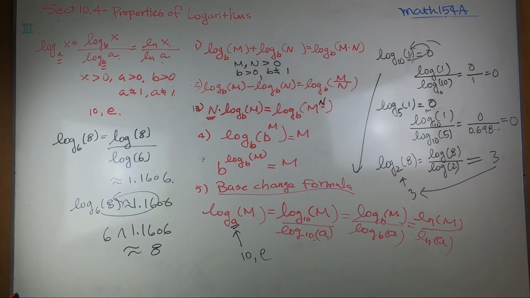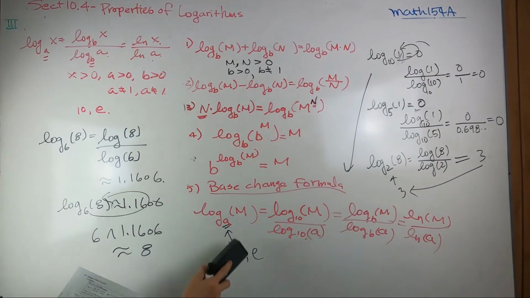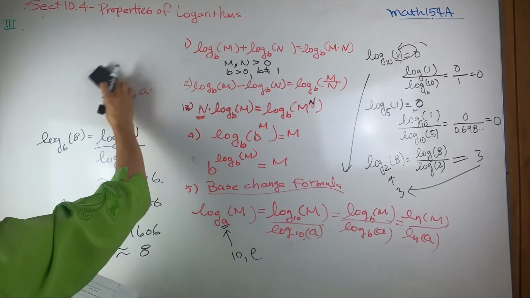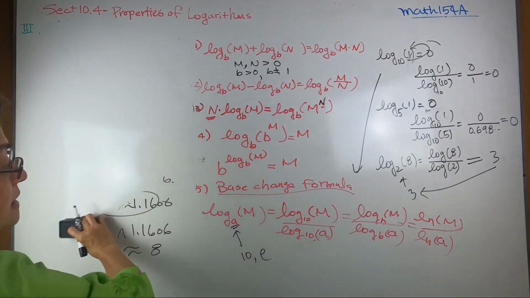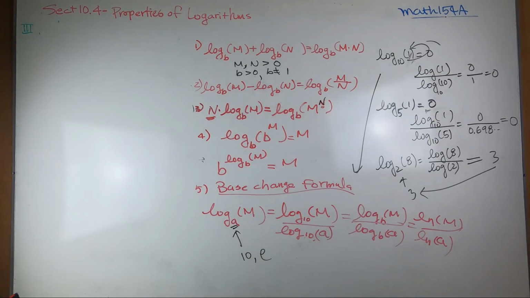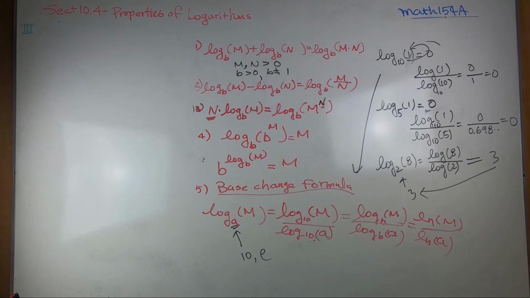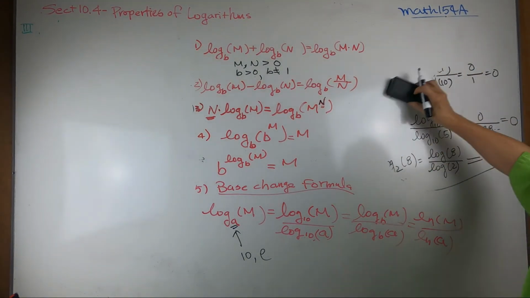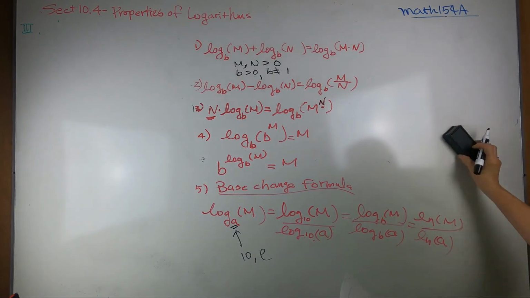Okay, so what are we talking about? We are talking about all those properties, okay? Add, subtract, multiply, and inverse, and the base change formula, to make it a single log.